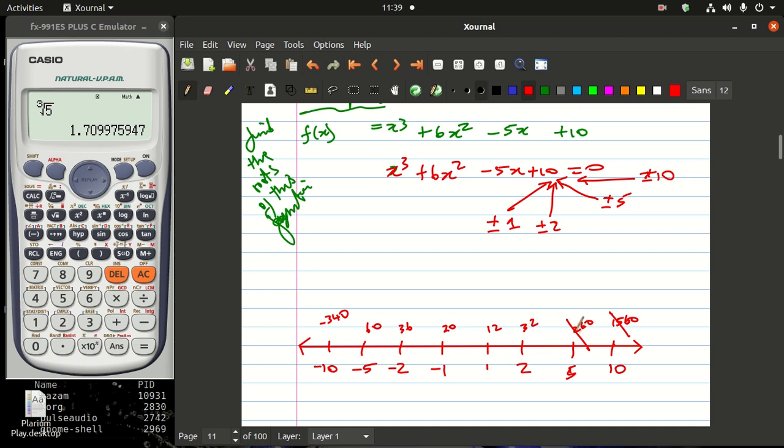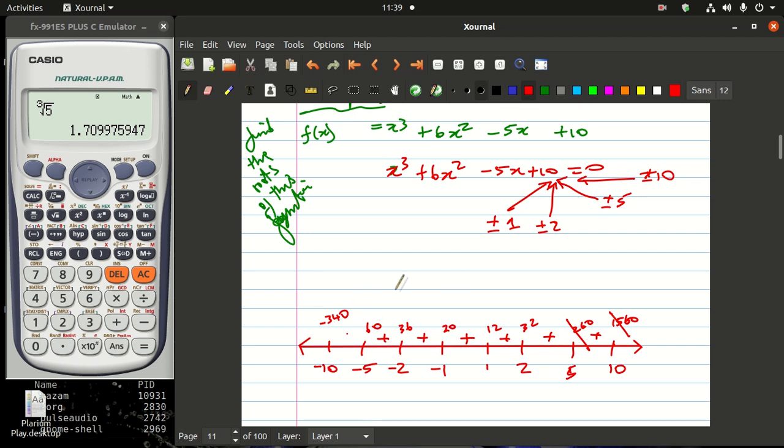Between this one and this one, we still have a positive. So we have a positive here, a positive here, a positive in between, a positive here, a positive there, and a positive here. But here, if you start looking into this value, I get a negative, and here I get a positive.